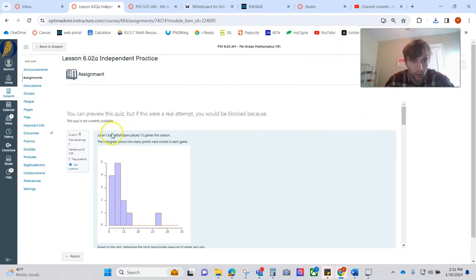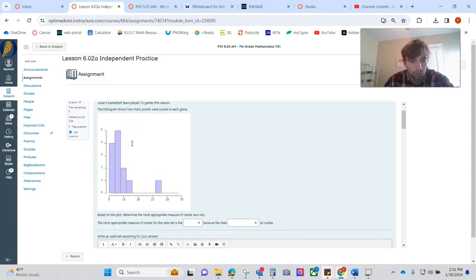All right, question 1. Julian's basketball team played 13 games this season. The histogram shows how many points were scored in each game.